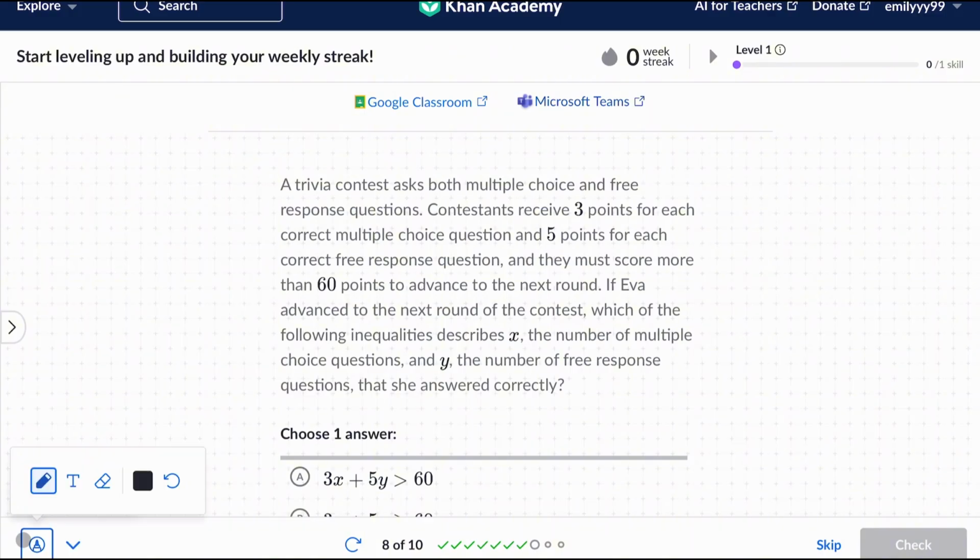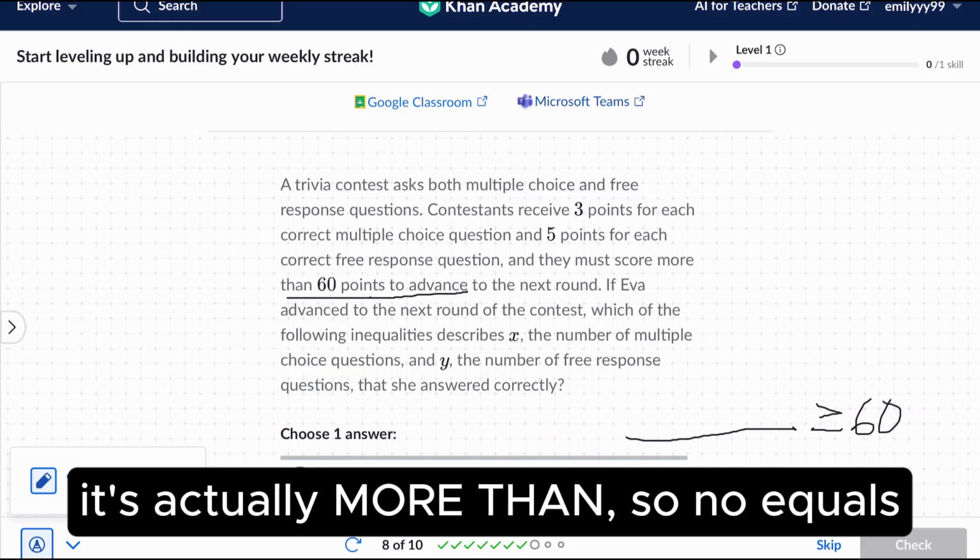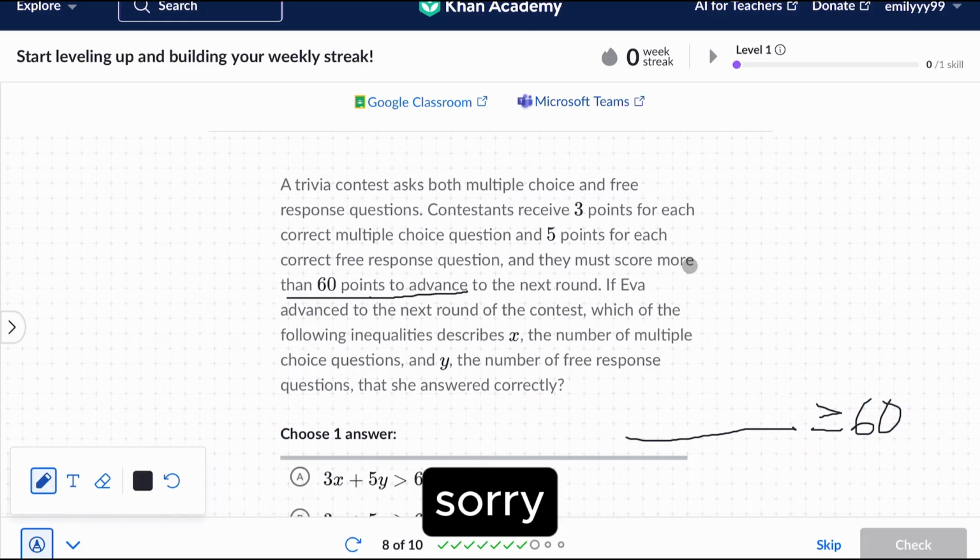So we know that you need more than 60 points to advance to the next round, and she did. So it's an inequality, that's her equation, and then it has to be greater than or equal to 60, because she cannot score less than 60 if she advanced to the next round. And she did advance, so it has to be more than 60.